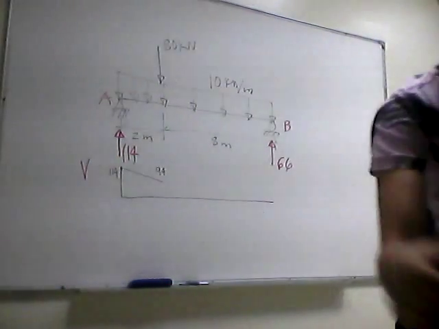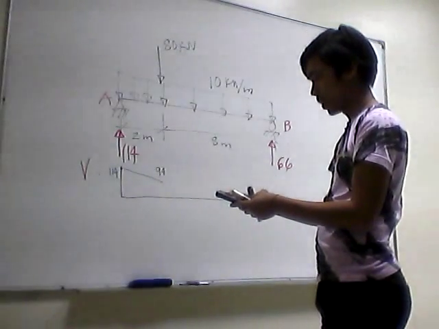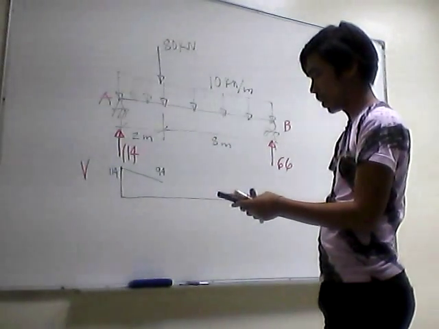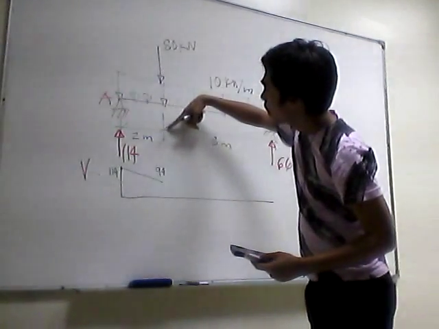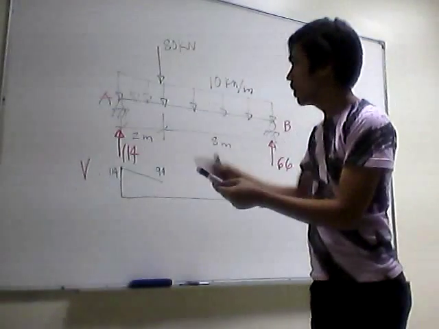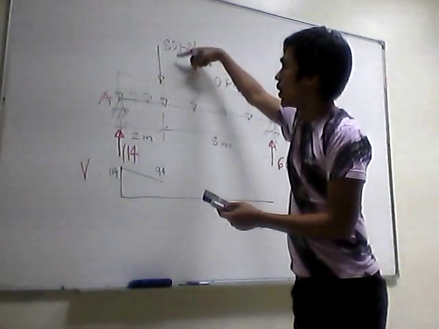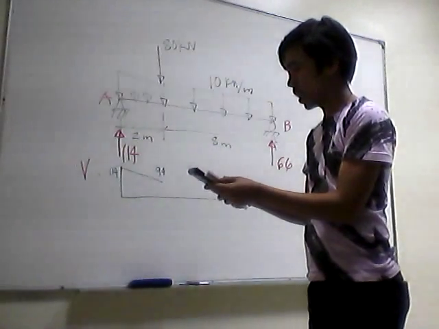Let's check. 114 minus 20 is 94. And then at this point, at 2 meters, we have an 80 downward. So that means we are going to subtract this 80 from 94, so minus 80.